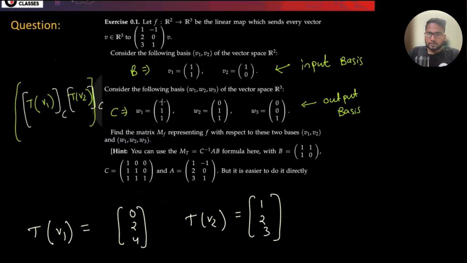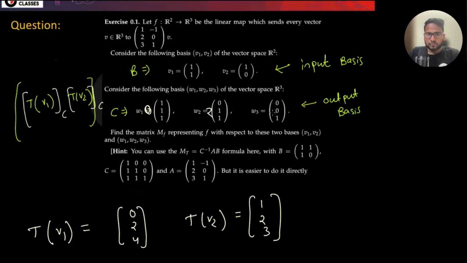Let's suppose 2 you want, and then 4 you want. So what are the coefficients here? I think this will anyway be 0.